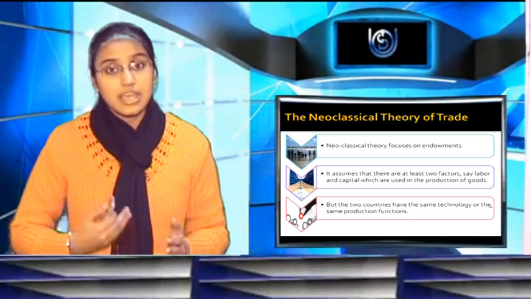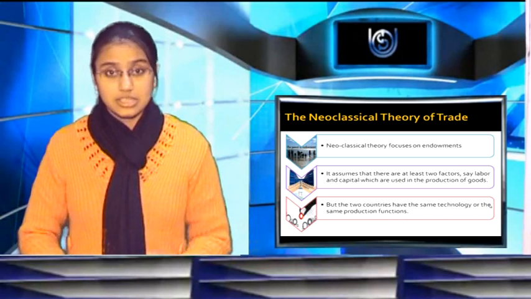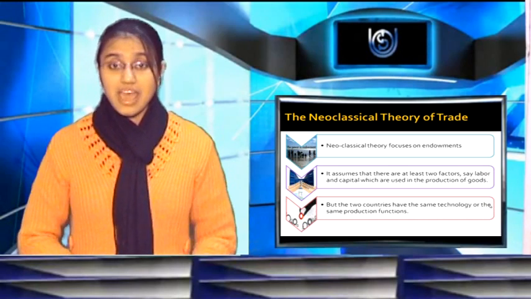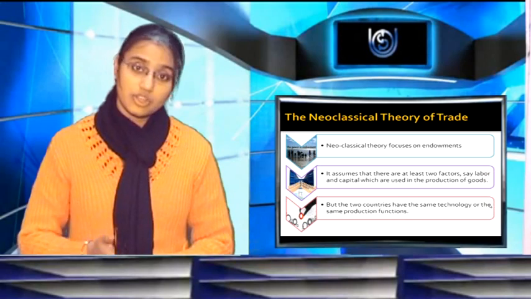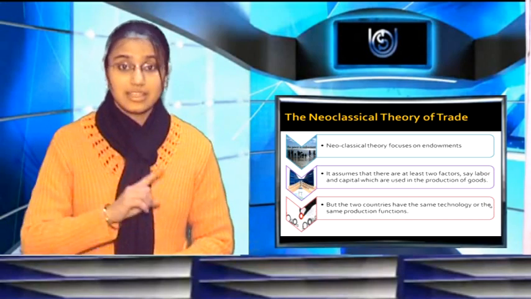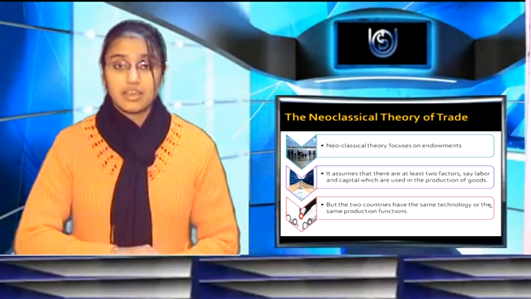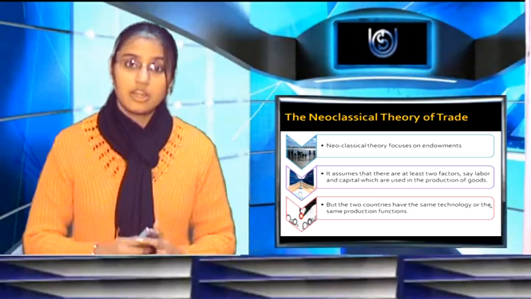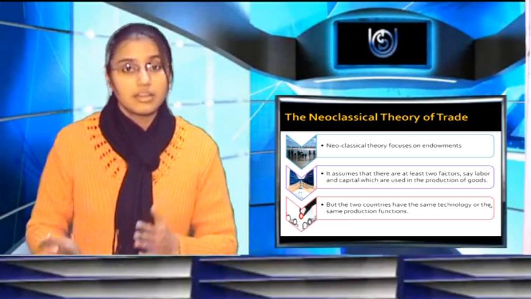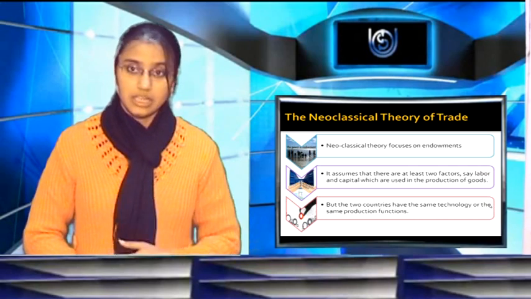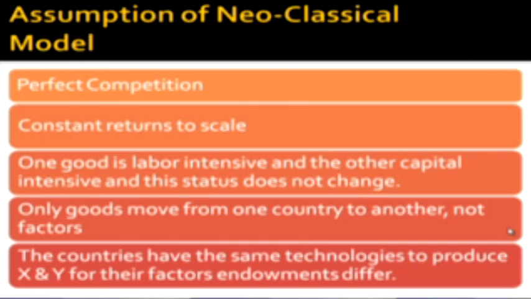That is an extra value add in this neoclassical theory of trade. The countries have the same production function and the same factors of production, but they have different factor endowments. That is the extra value add in the neoclassical theory of trade.